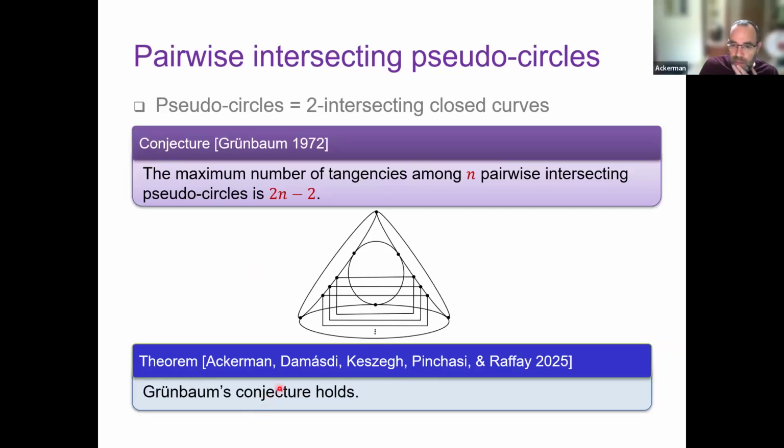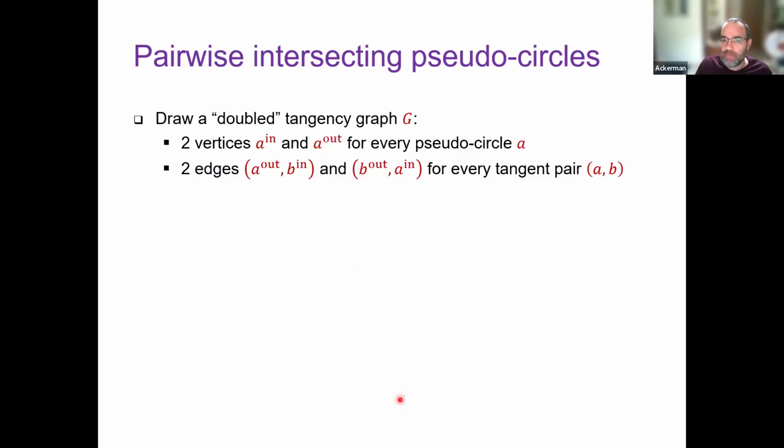In work with Damashti, Kezek, Pinchasi, and Rafai, we proved that Grünbaum's conjecture holds. Let me tell you some details about this proof, just a general idea. The idea is to draw a double tangency graph. We have two vertices for every pseudo-circle.